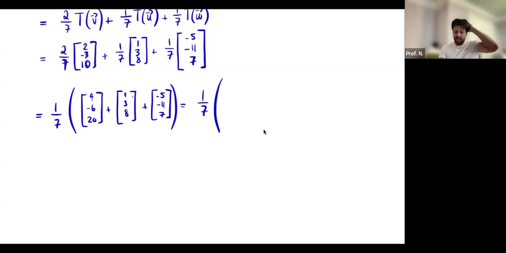So when you add this up, what do you get? You get 0. What do you get here? You get negative 14. And what do you get here? 35.